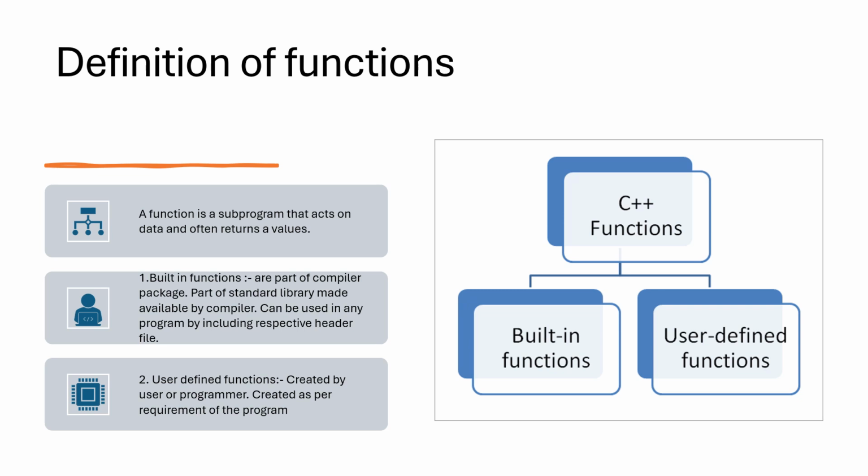Built-in data types are defined by the programming language, C++, Java, Python, etc. Like this, in C++ there are some built-in functions, that is, already predefined functions that can be used by the compilers.